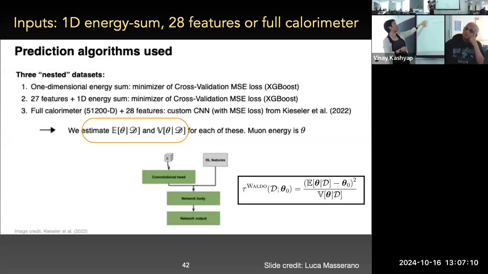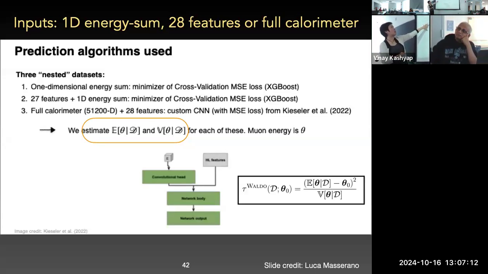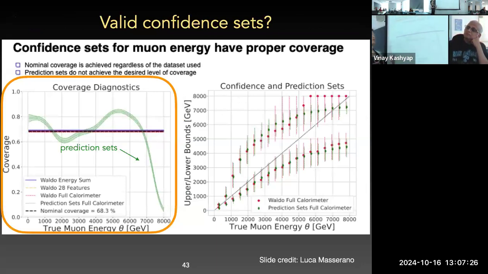And the other is the full calorimetric data of 50,000 cells. These are three different data sets. For those, we predicted the posterior mean and the variance, and then we formed our test statistic. We sort of frequentize the posterior information using our confidence set construction. Then we compute the confidence sets.